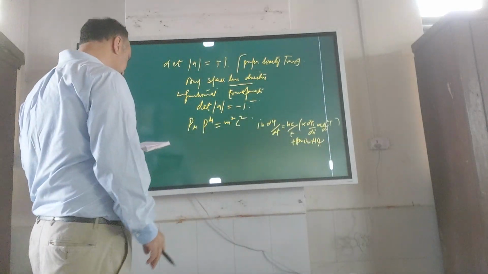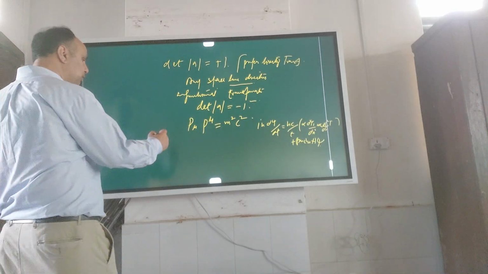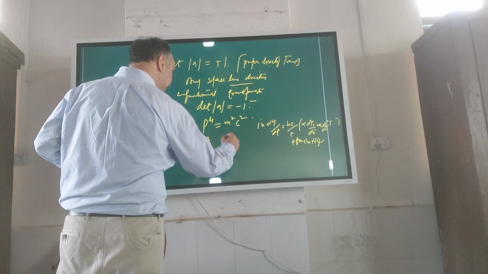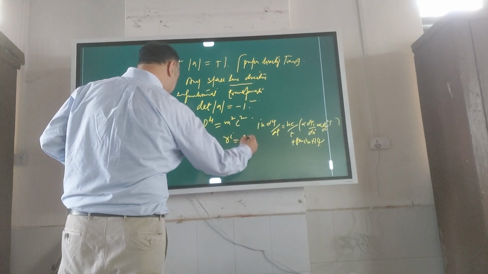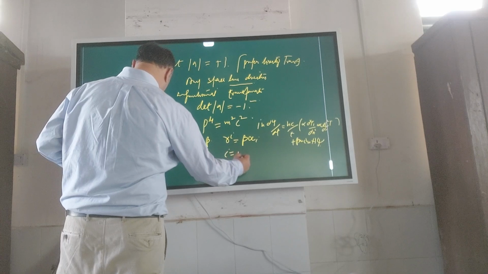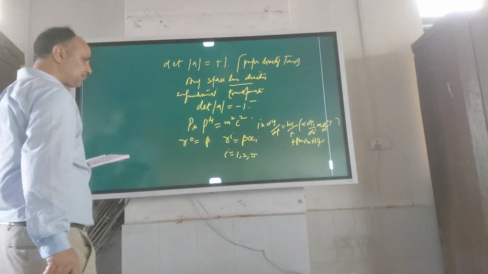So if you remember this equation, we can use gamma naught with beta, and gamma i can be replaced by beta alpha i, such that i goes from 1 to 3.